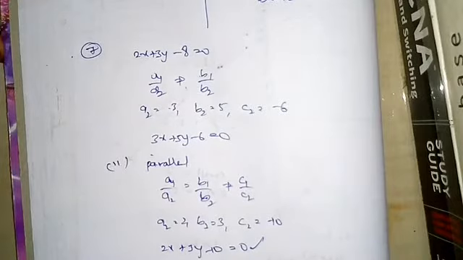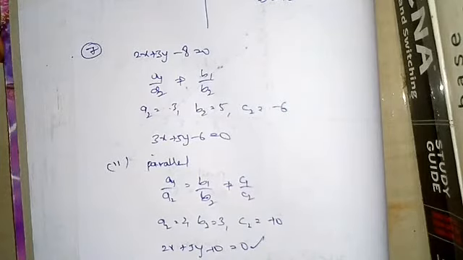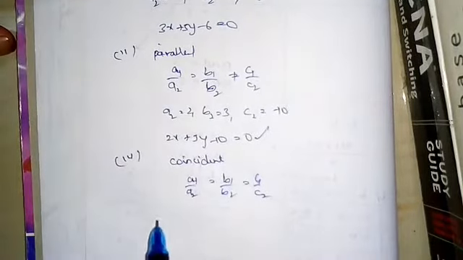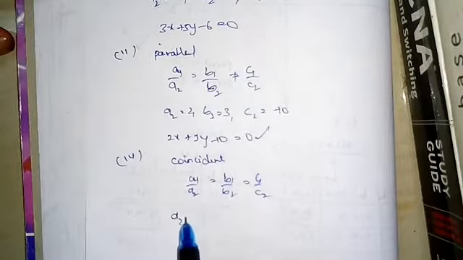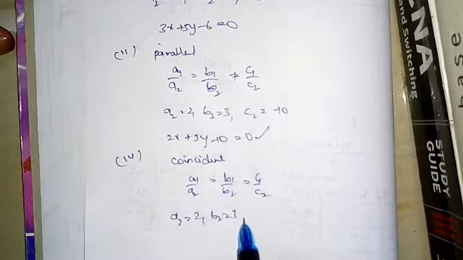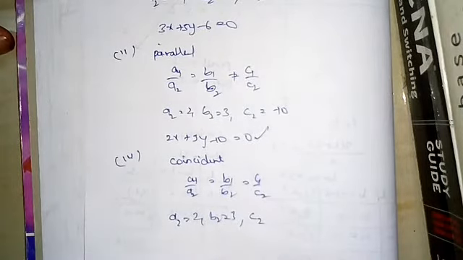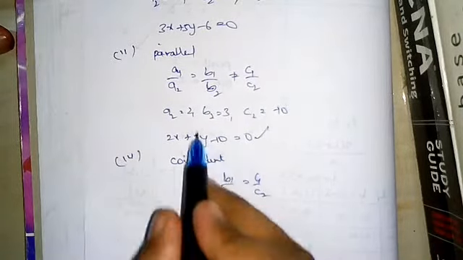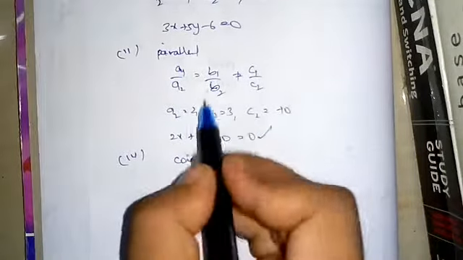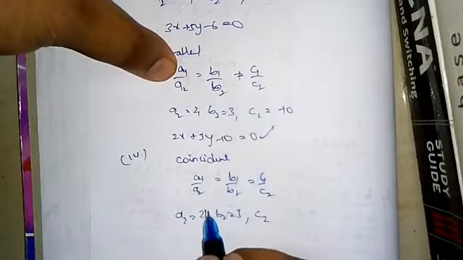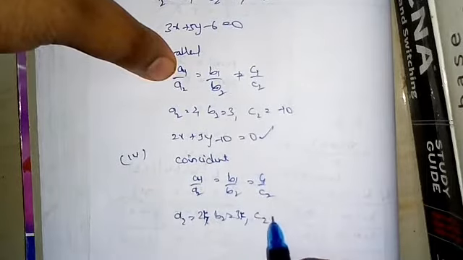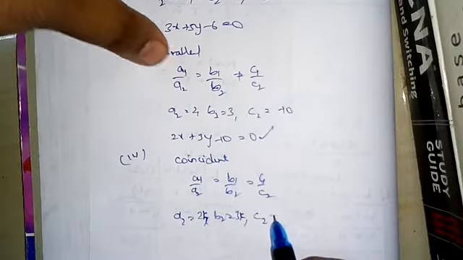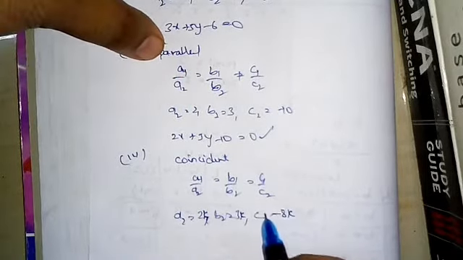Third one, coincident. Coincident means a1 by a2 should be equal to b1 by b2 should be equal to c1 by c2. That means a2 will be 2k, b2 will be 3k, and c2 is equal to minus 8k.